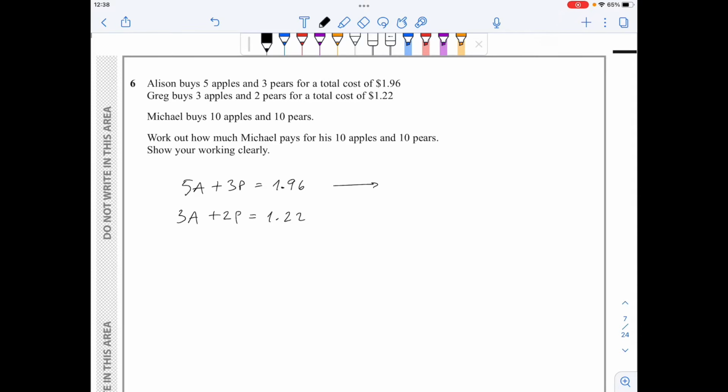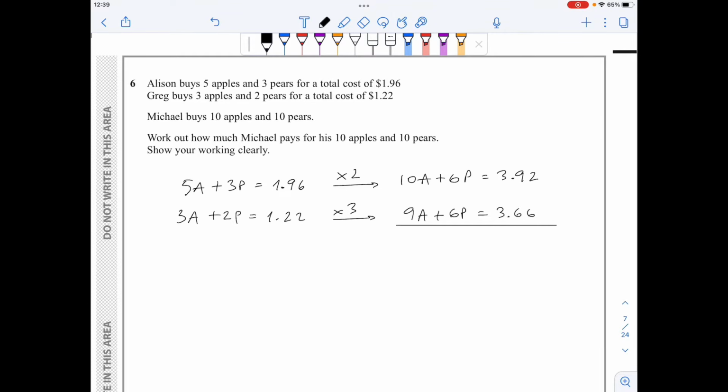I'll multiply the first equation by 2, the second one by 3. So the pairs will be the same. So 10A plus 6P equals 3.92. And 9A plus 6P equals 3.66.